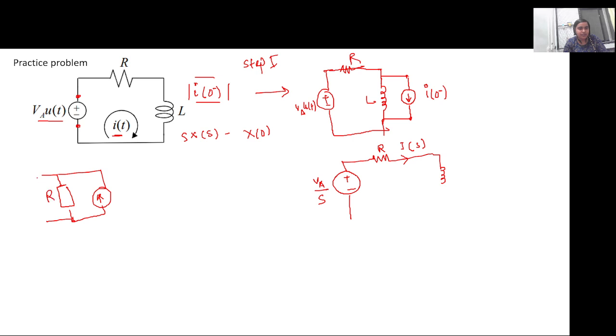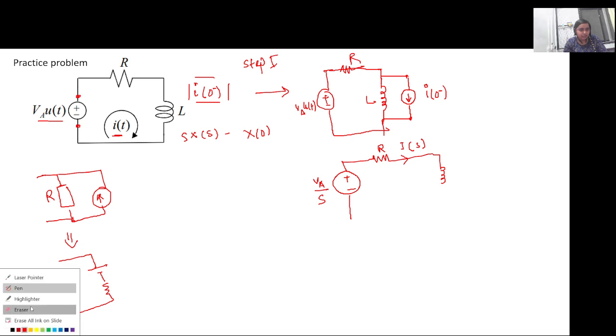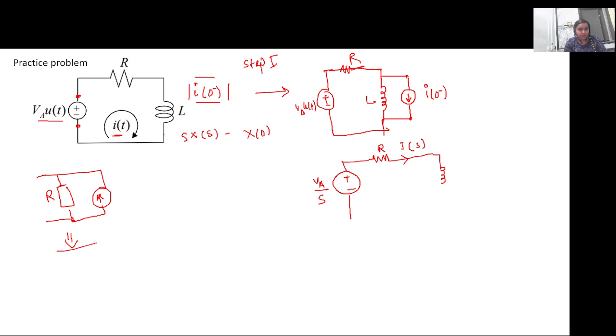Suppose this is a resistance R. Its equivalent circuit can be written like this, with a resistance R and this is I, it will be R times I. This will be the voltage. Everyone is aware of this? Yes, ma'am.